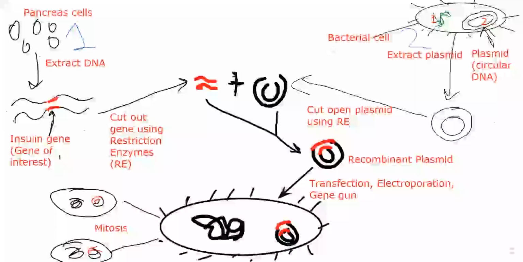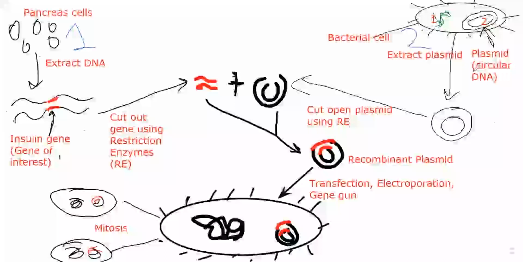In the first preparation, I want to make insulin. I don't know how to make insulin. Can I hire somebody? Yes. Who is that person? The insulin gene. Where can I get it from? From the pancreas, because that's where we know that insulin is produced.